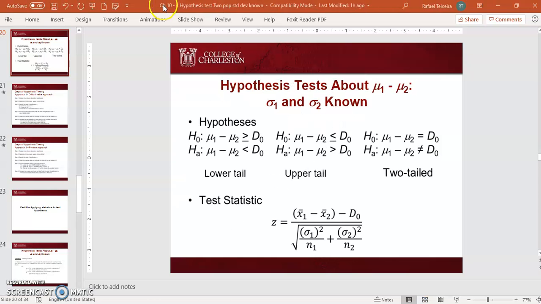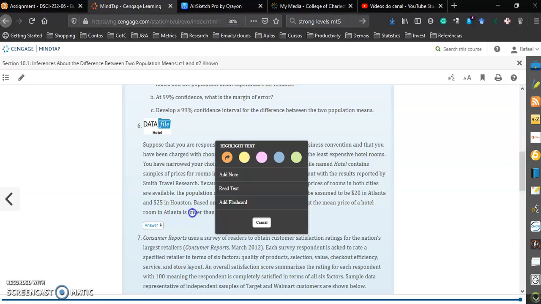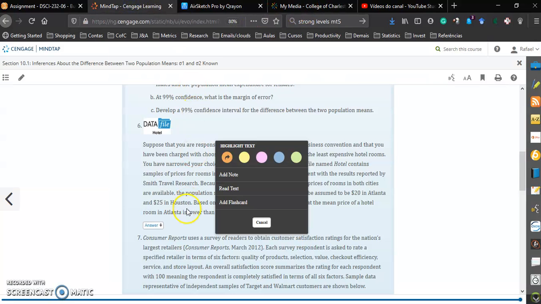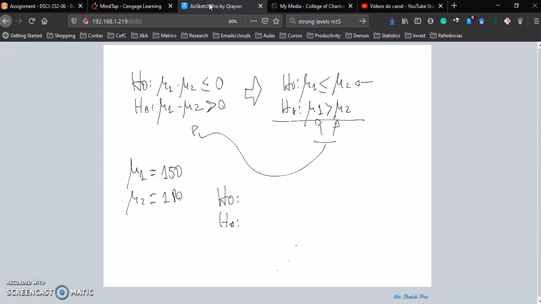And if I read the problem, it says, can you conclude that the mean price of a hotel room in Atlanta is lower? This is the keyword, is lower than in Houston. So when I go back here, I want to test this. This is what I want to test. If this is what I want to test, this is my question, that's the alternative.